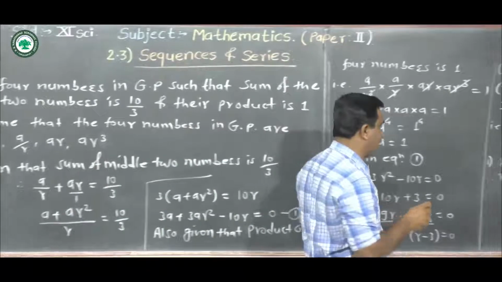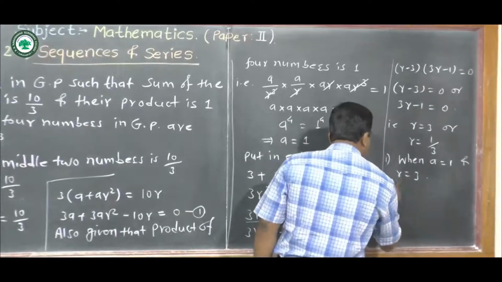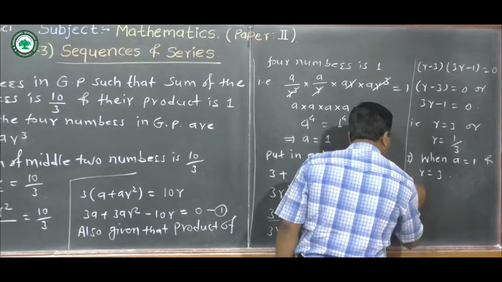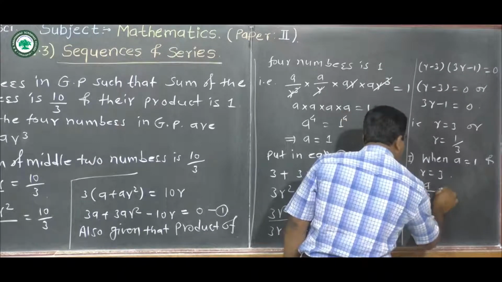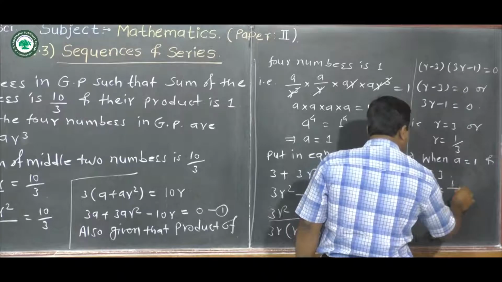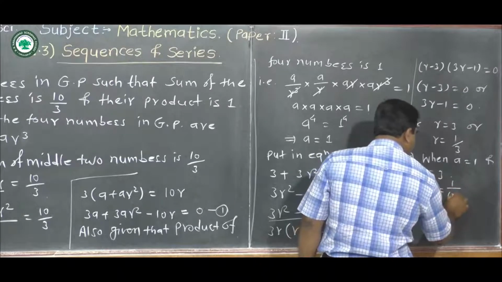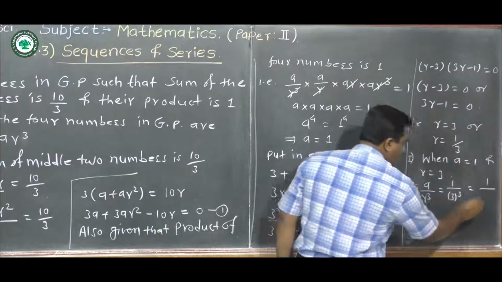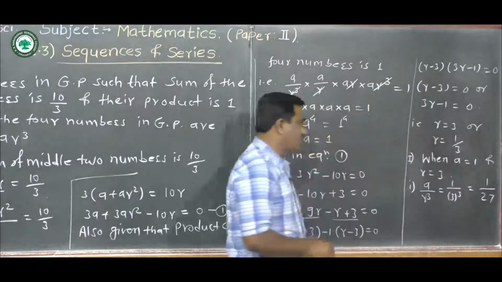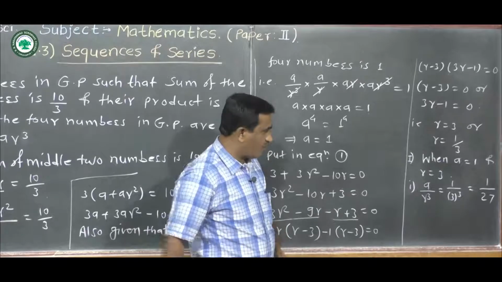Therefore, we get the first number a upon r cube is equal to, a means 1, r means 3 cube, is equal to 1 upon 3 cube, means 27. Okay, the first number is 1 upon 27.